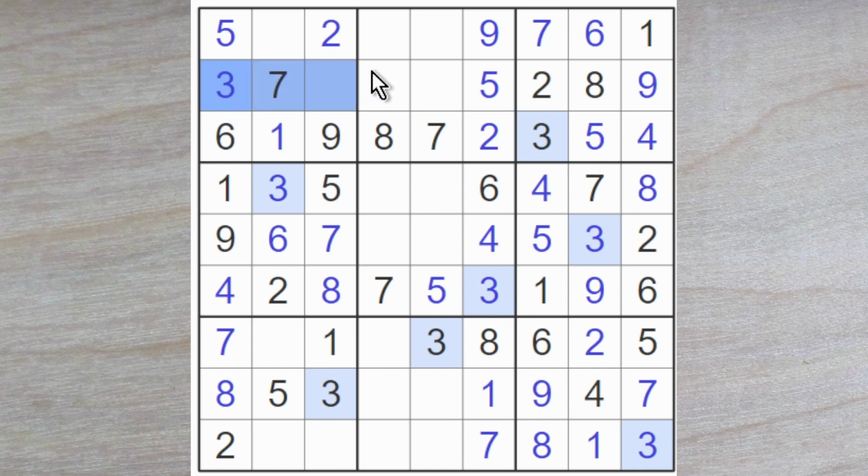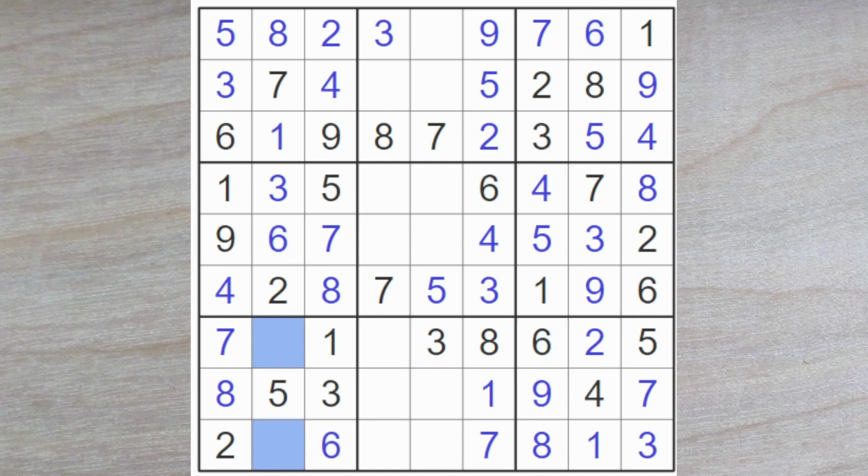And that gives us, because the 3 blocks over and this blocks up, a 3 for this square here. 2 squares missing, an 8 and a 4. The 8 blocks over, so the 8 goes here and the 4 here. And that gives us a 6 for this square.